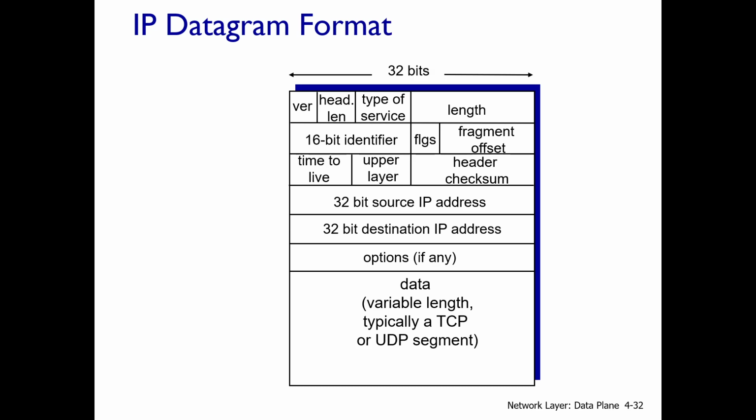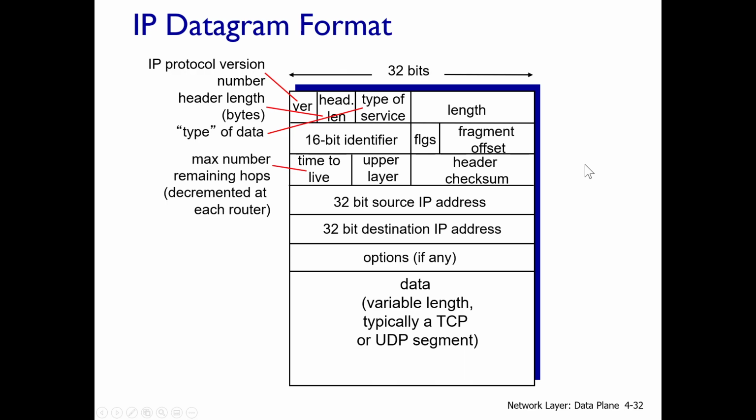But the problem is most of the time datagrams will be 1500 bytes because of the Ethernet protocol. The maximum transmission unit of Ethernet is 1500 bytes. So if you are using Ethernet and your datagram is larger than 1500 bytes, you need to do fragmentation. We will learn that.